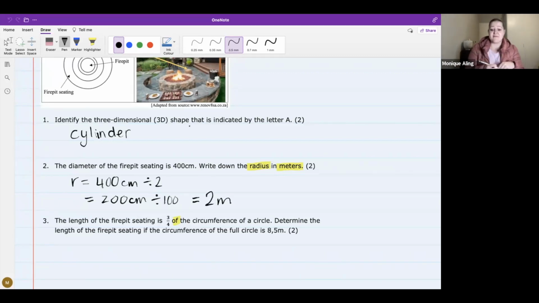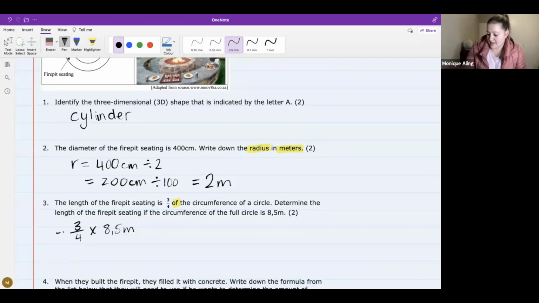They told us the circumference is 8,5 meters. So it's 3/4 times 8,5. It's 3/4 of the circumference. And let's see if we get in the answers. Nice, guys. You're working really hard.